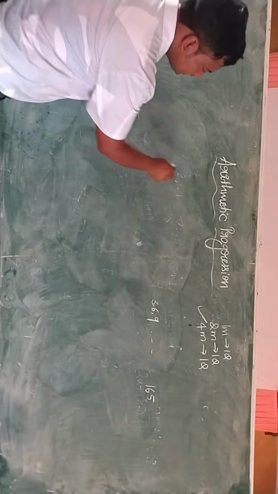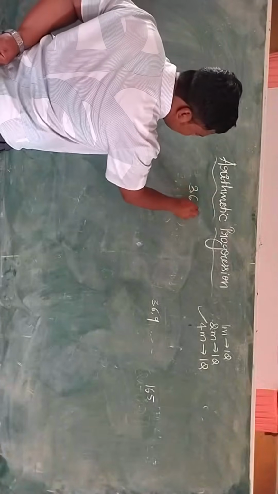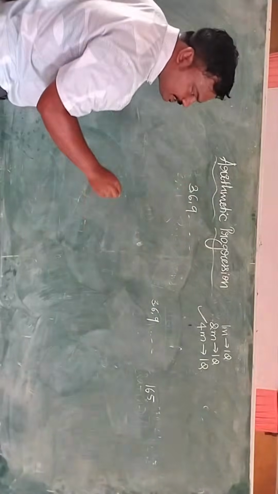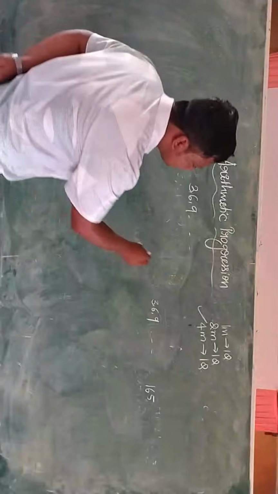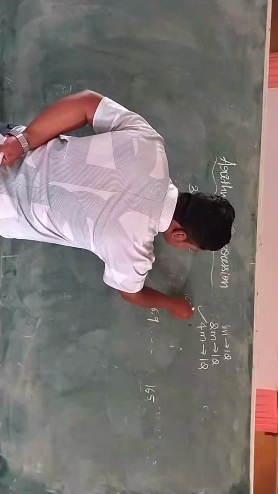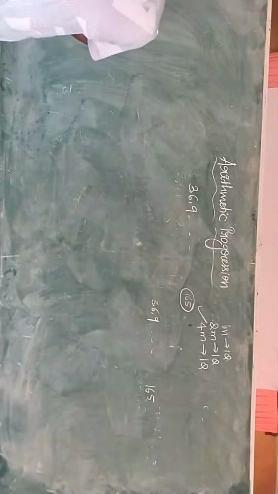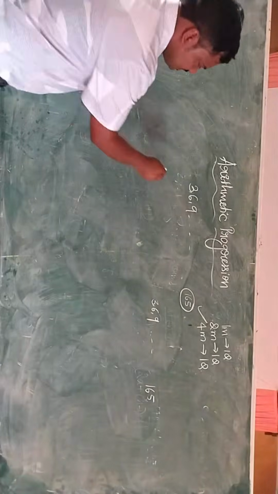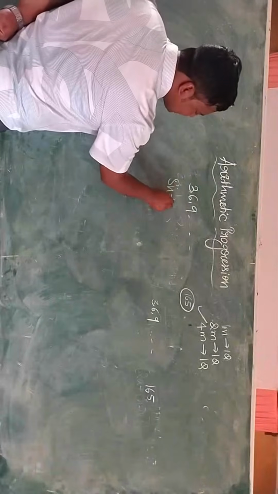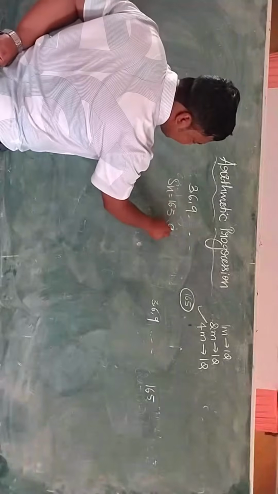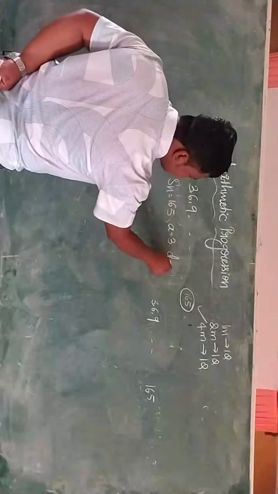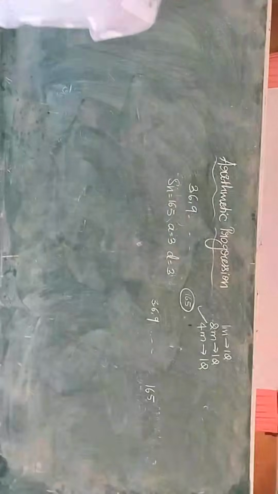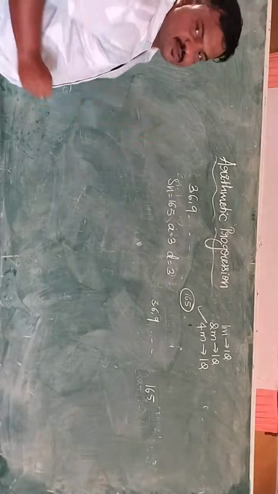Yes, the progression is given: 3, 6, 9, and so on. How many terms must be added to get the sum 165? So here 165 is Sn, a is 3, and the common difference is also 3, since the difference between any two consecutive terms is the same, that is 3.